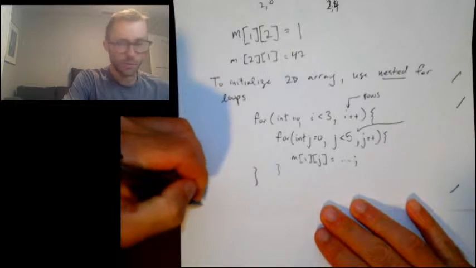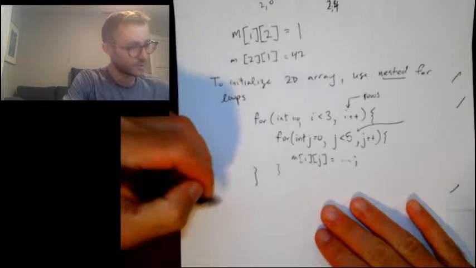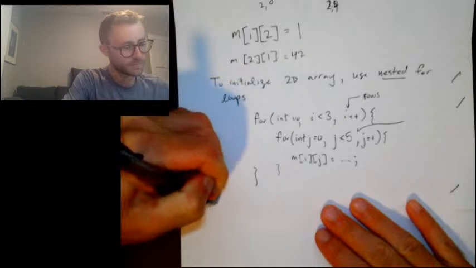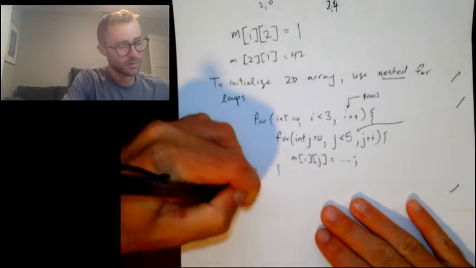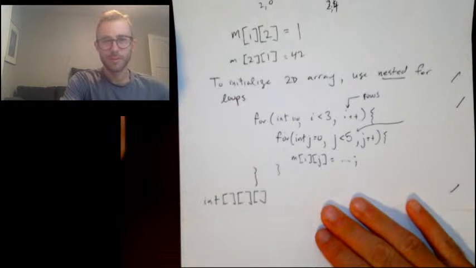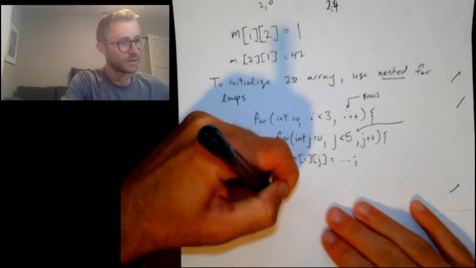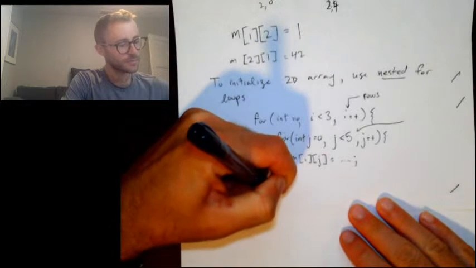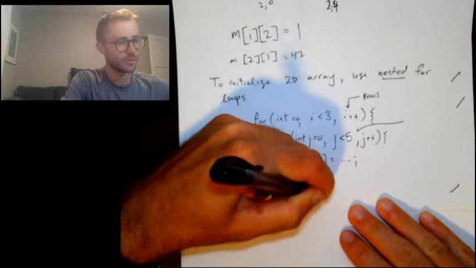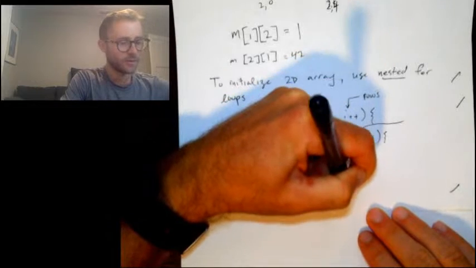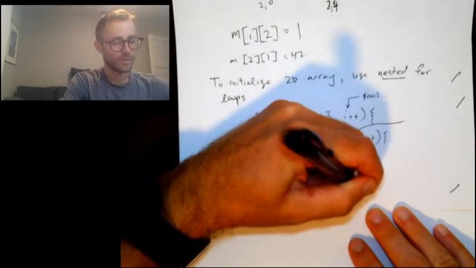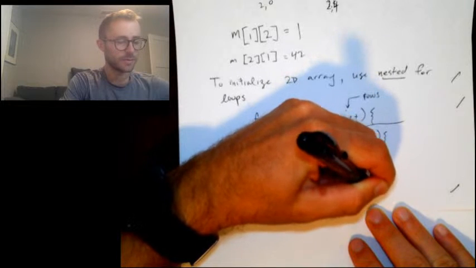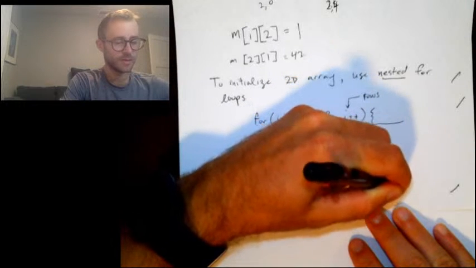So if I wanted to declare a three-dimensional array, int, I would just have three square brackets, open and close, equals new int, and then, I don't know, maybe I want to make it a 4 by 50 by 10.